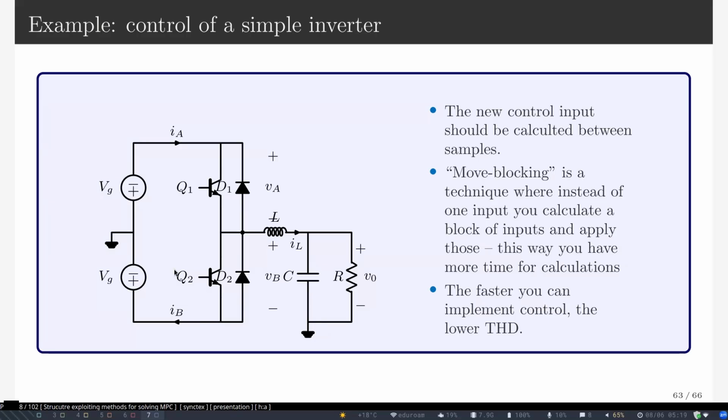How would we usually implement the switching between these two switches? What is the technology? Transistors are how we implement the switches, but how do we drive the switches? We have a gate driver.